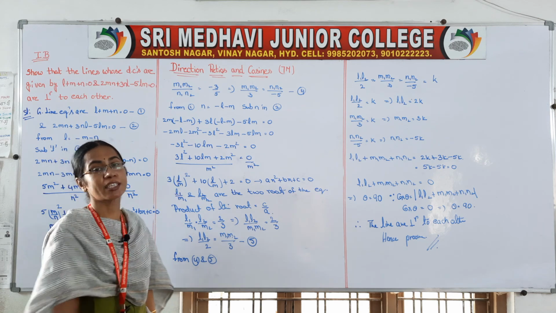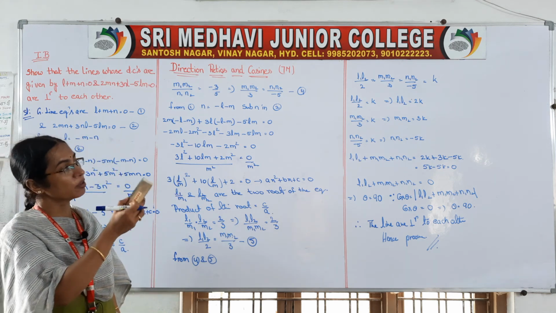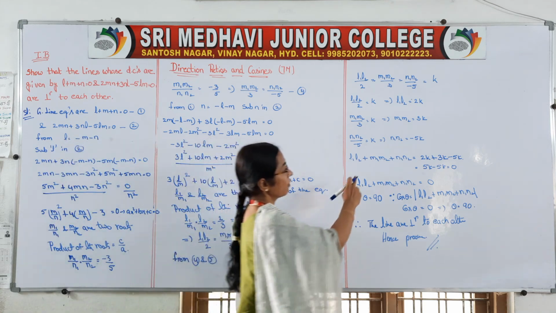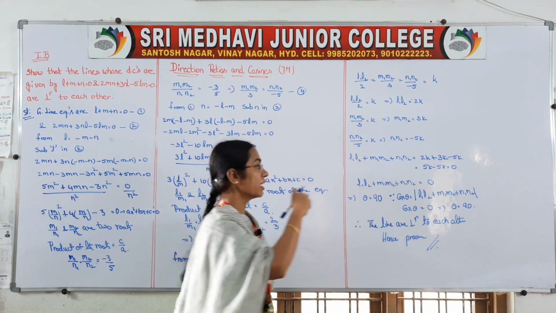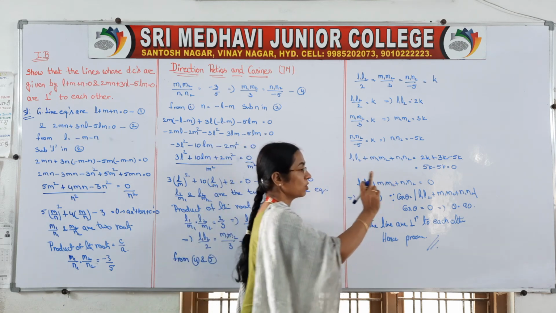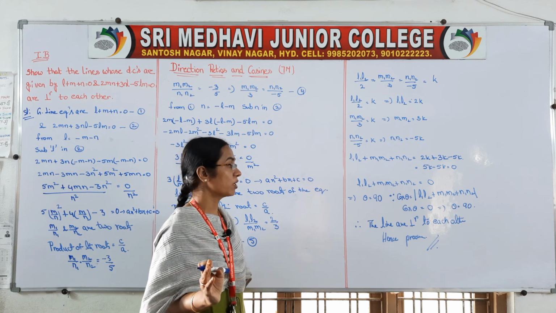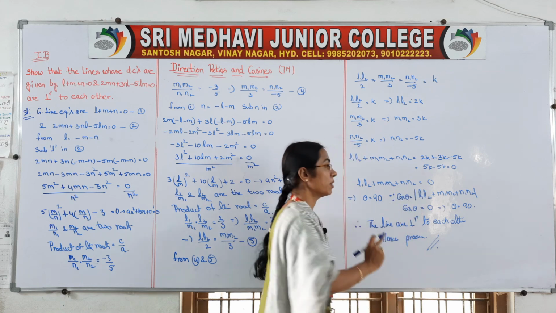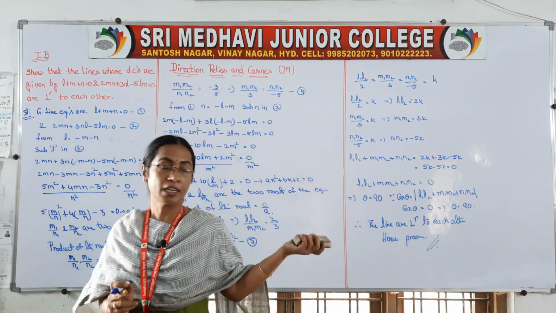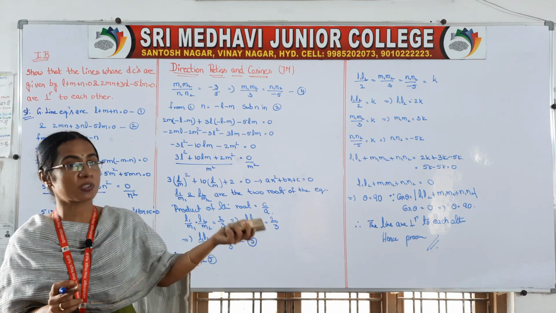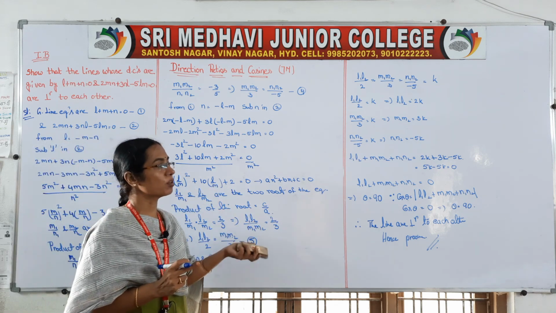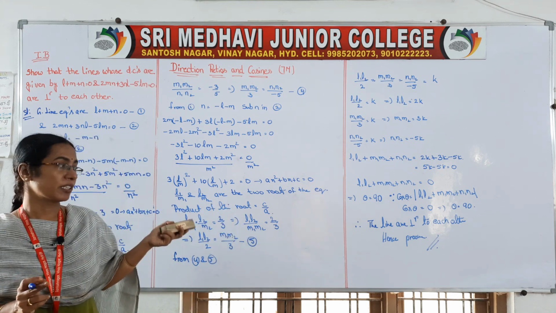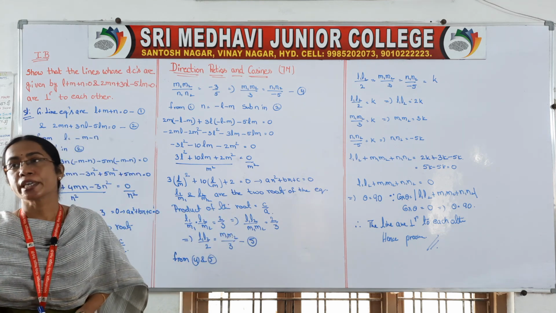So we equated with k and got the L1 L2, M1 M2, N1 N2 values. Adding all the values, we got 0. Whenever L1 L2 plus M1 M2 plus N1 N2 is zero, the two lines are perpendicular to each other. Why perpendicular? There is one formula: cos theta is equal to modulus of that. We got cos theta is equal to 0. Cos of which angle is 0? Cos 90 is 0. So your angle is 90 degrees. Therefore, the lines are perpendicular to each other.